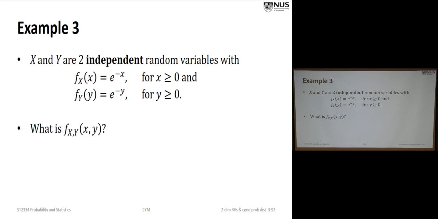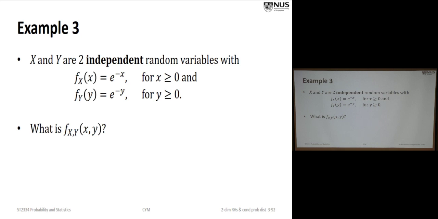Now the question is, if it's not given to us, and we are given only f of x and f of y, that means the marginal distribution of x and the marginal distribution of y, can we get the joint probability density function? In this case, it's a density function because x is continuous and y is continuous. How do I know they are continuous random variables?